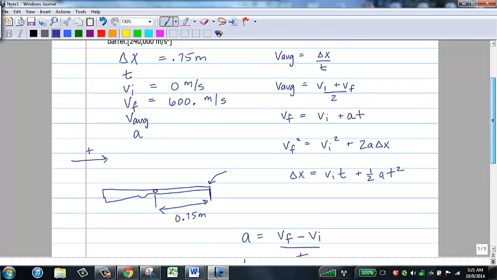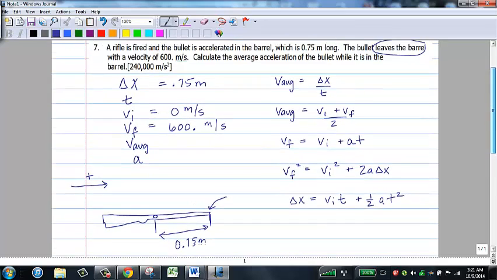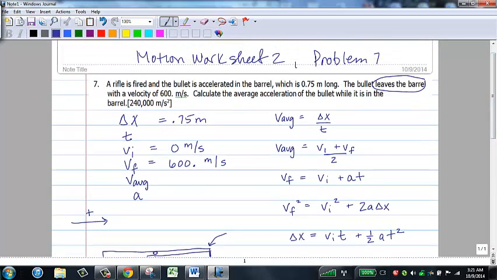Well, we don't have the time value. We have the displacement value instead, but you can imagine that the bullet is only in the barrel of the gun for a very short amount of time. And so if this time is a very tiny number, then the acceleration will be very, very large. So that's what's happening in this problem.